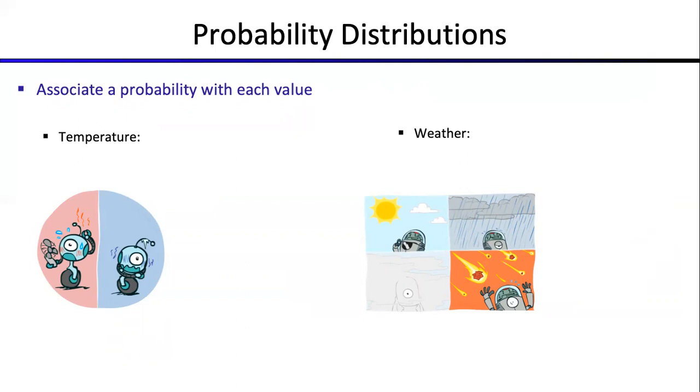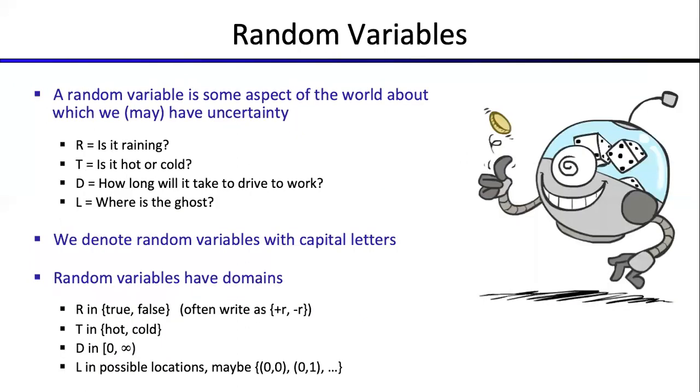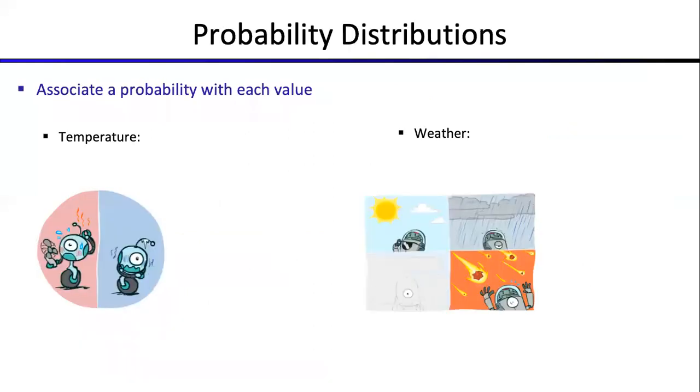So you know that every random variable is associated with some value, which we have seen in the last slide. For example, temperature could be hot or cold, R could be true or false, L could have the location values, D would have the distance values, and what would probability distribution mean for a random variable?